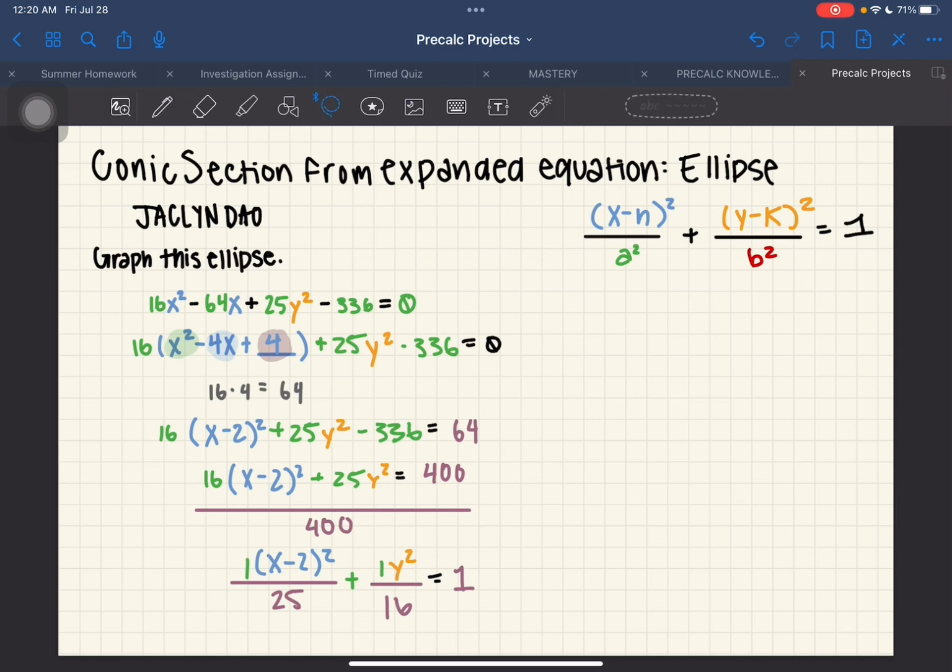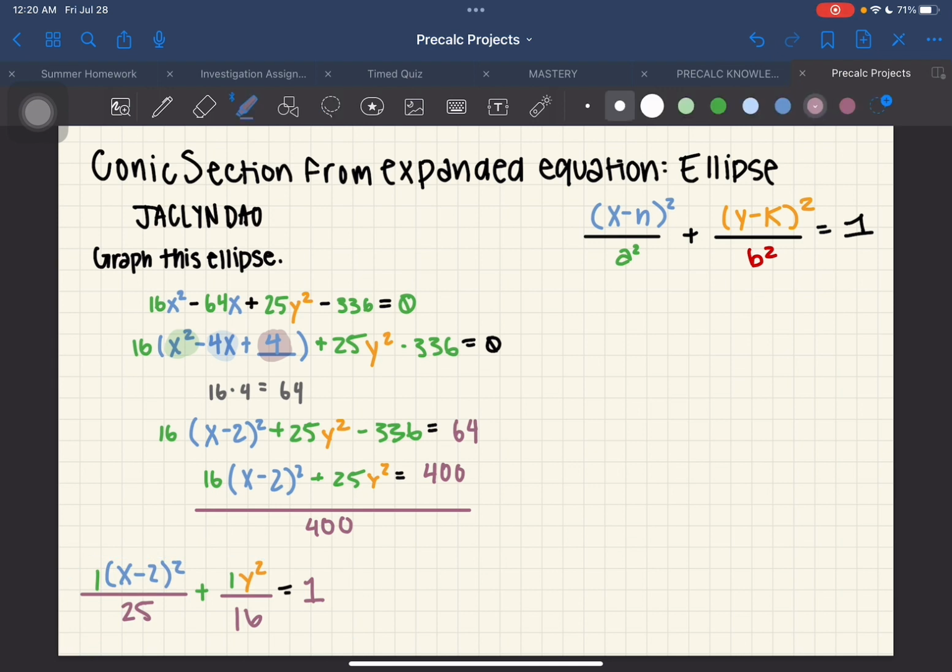So now we found the standard form. Wonderful. Let's box it in, or I guess color it in.